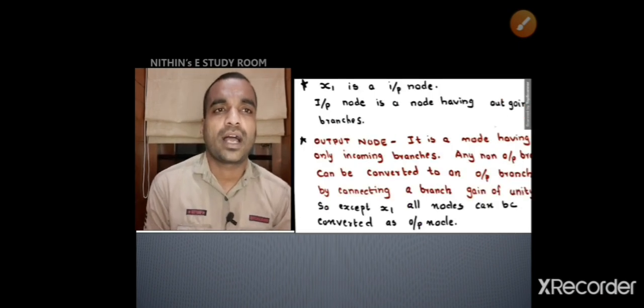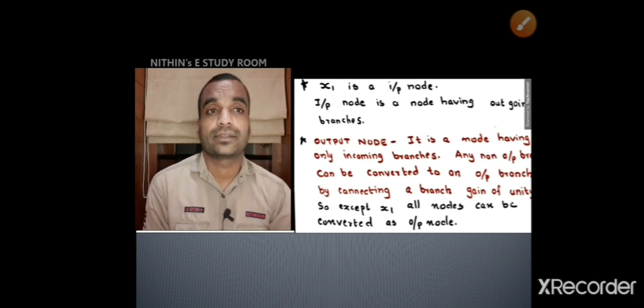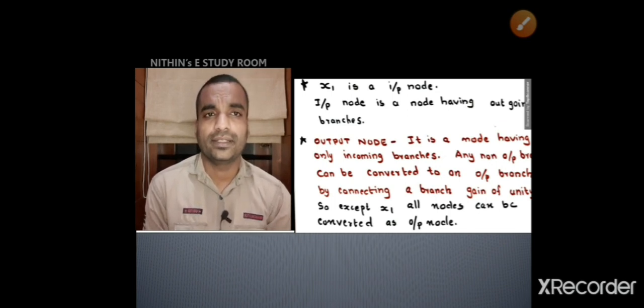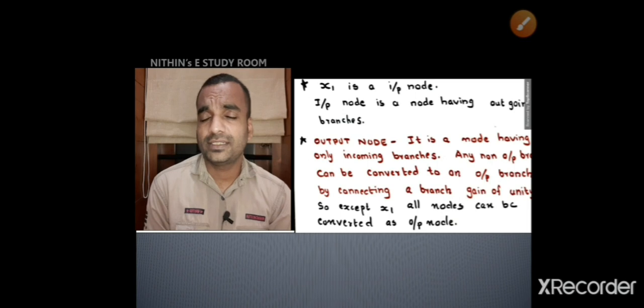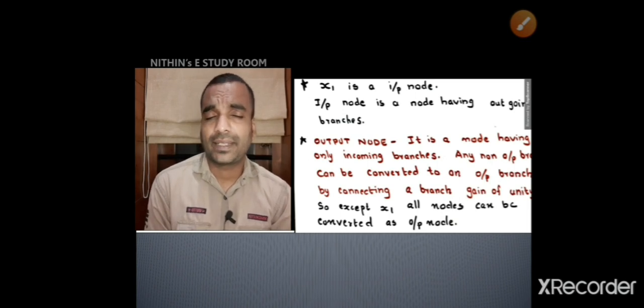Input node is a node having only outgoing branches. You have to add only, it is missing. Input node is a node having outgoing branches only. So in this figure, except x1, x2, x3, x4, all are having incoming branches. So they are not input nodes.